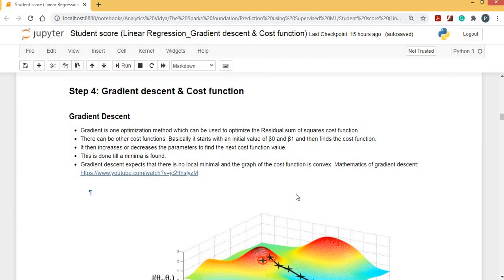Now let's understand the gradient descent and the cost function. Gradient descent, as mentioned here, is a generic optimization algorithm used in machine learning. It iteratively tweaks the parameters of the model in order to minimize the cost function.